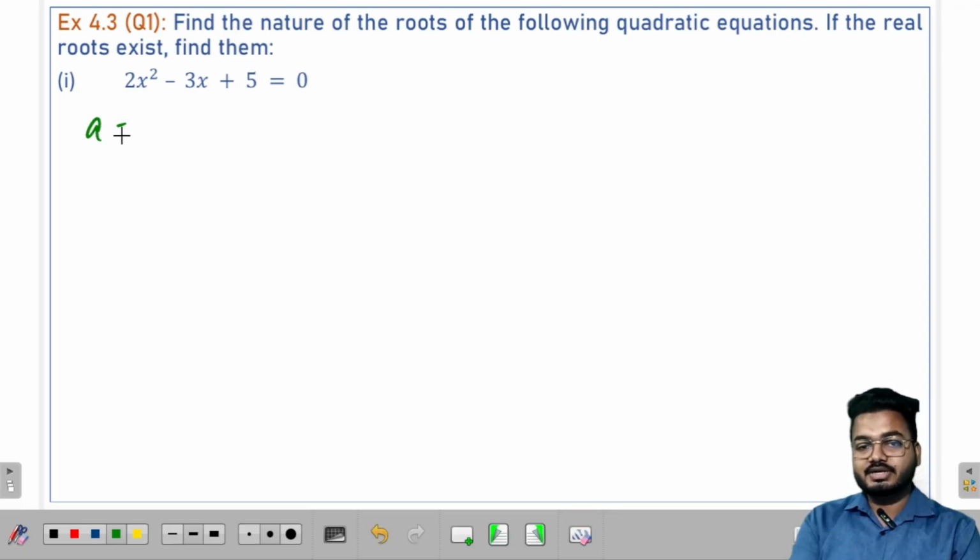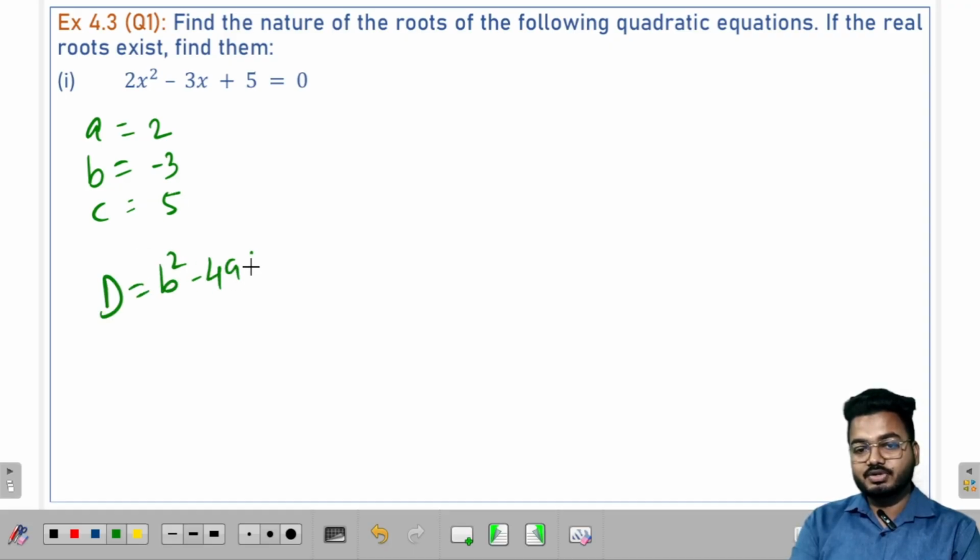So let me first write a, b and c's values. A is 2, b is minus 3, and c is 5. So d can be calculated as b square minus 4ac, that is minus 3 whole square minus 4 into 2 into 5. Minus 3 into minus 3 will be 9, minus 4 2s are 8, 8 5s are 40.